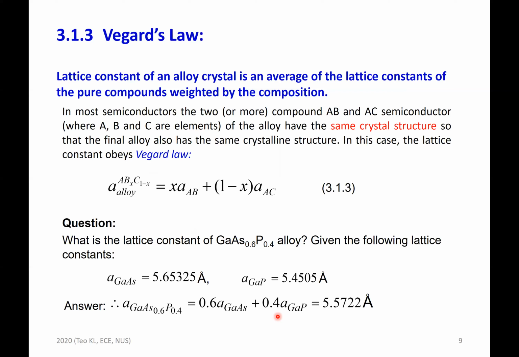However, some optical and electronic properties are determined by a very small volume, so they may not scale simply with composition. Therefore, the property cannot be approximated by Vegard's law. Vegard's law is nothing other than a linear approximation, an average of the lattice constants of the compounds weighted by the composition.